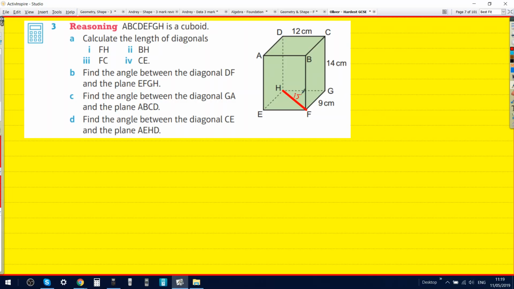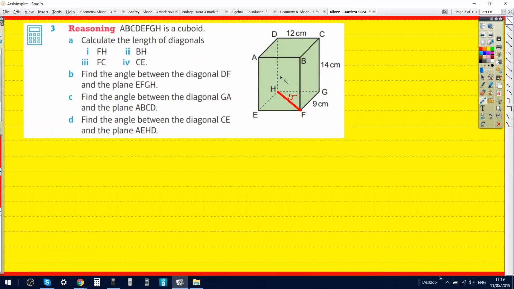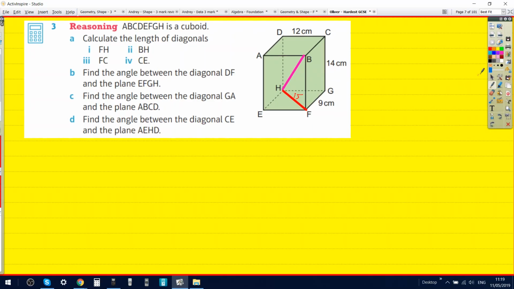Oh, 12 and 9. Okay, so that was 15. And then BF is 14, so you do 15 squared plus 14 squared. The square root answer is square root 421. Okay.